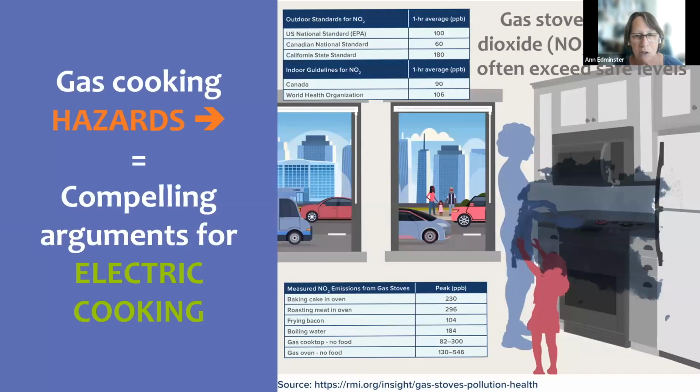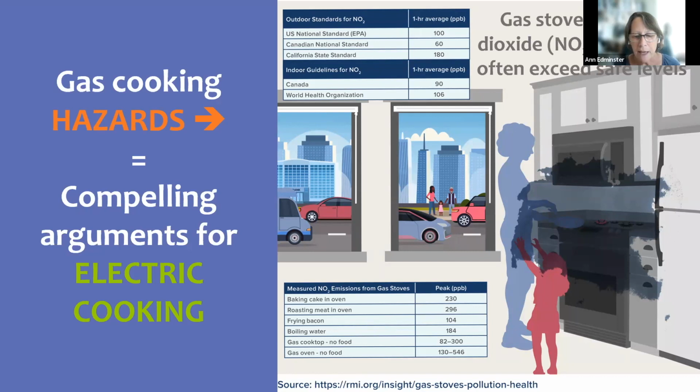So gas cooking hazards. This is another topic that has really been eye-opening, I would say, over the last couple of years, as we're learning more and more that it's really pretty darn terrible for human health to be cooking with gas in our homes, or commercial kitchens for that matter.